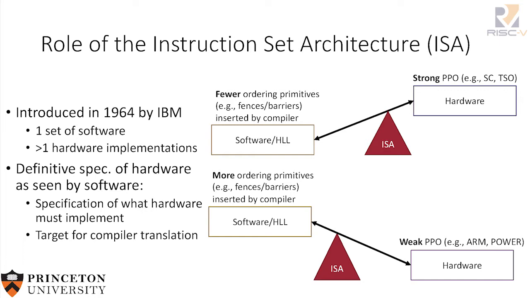I tried to draw this balance here. A strong ISA memory model like sequential consistency or TSO places more constraints on optimizations that microarchitects can take advantage of, but requires relatively few ordering primitives like fences or barriers to be inserted by the compiler, so it makes the compilation part a little bit easier to reason about.